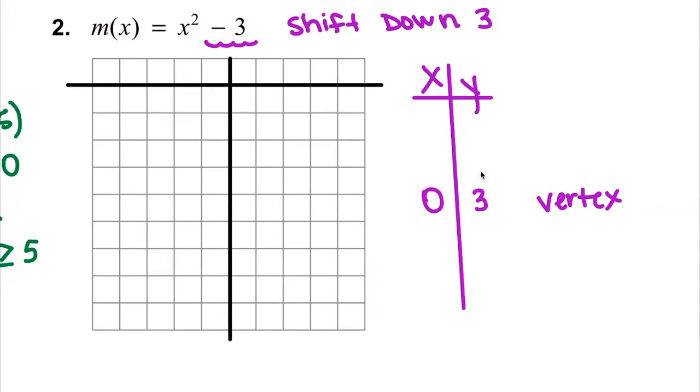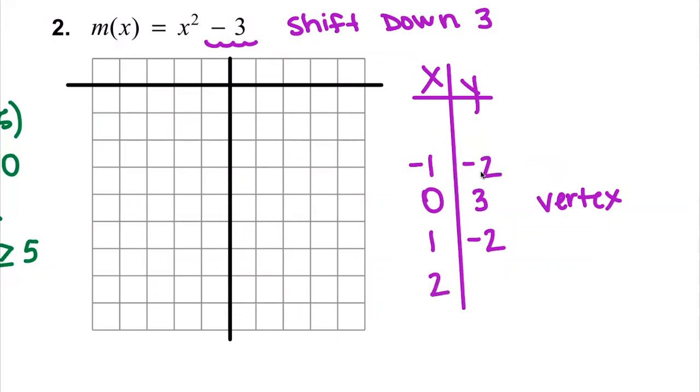If I plug 1 into x squared minus 3, then our y value is going to be negative 2. If I plug negative 1 into x squared minus 3, then our y value is going to be negative 2.